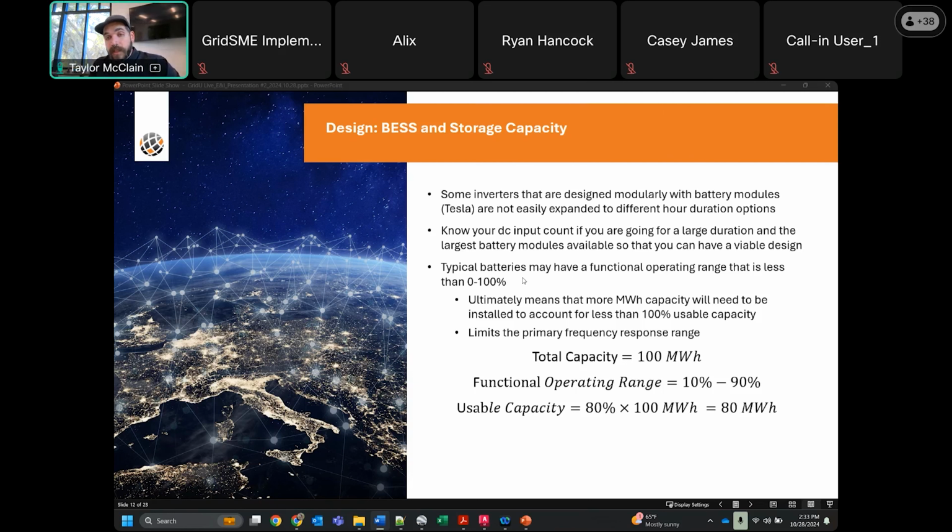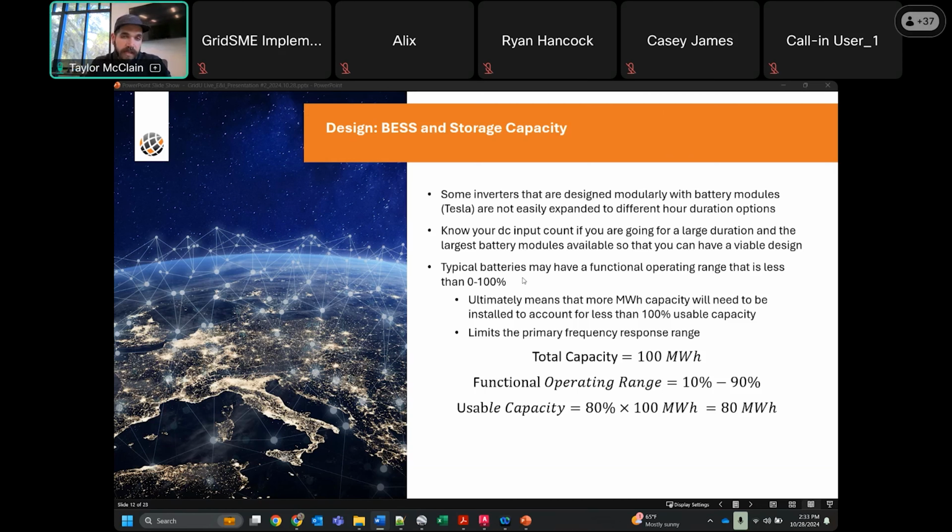Power Electronics has a line with a couple of different options from 2 to 4 inputs. So you're definitely going to want to look at these 4 input counts if you are going to have an 8 to 12 megawatt hour system, so that the inverter supports the capacity that you want to have installed. It's just another way to save yourself from a potential roadblock or a potential MMA down the road if you think about these things a little bit ahead of time.